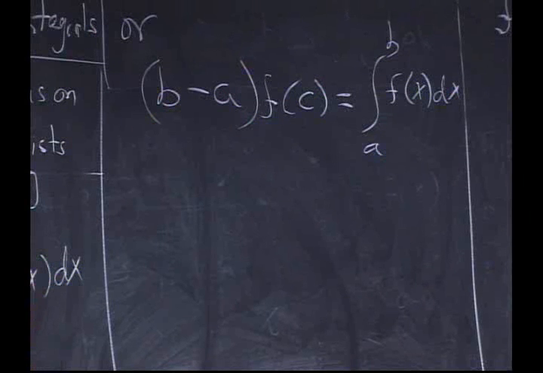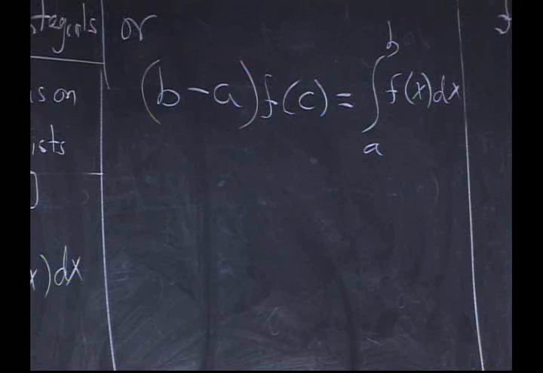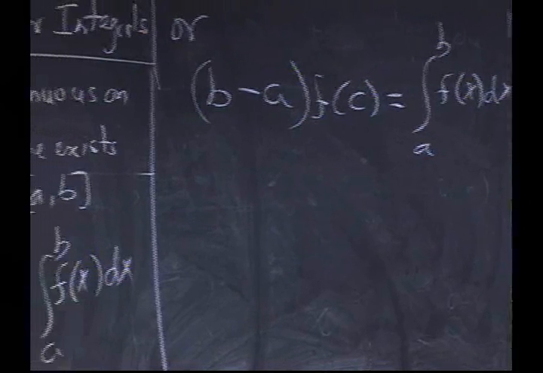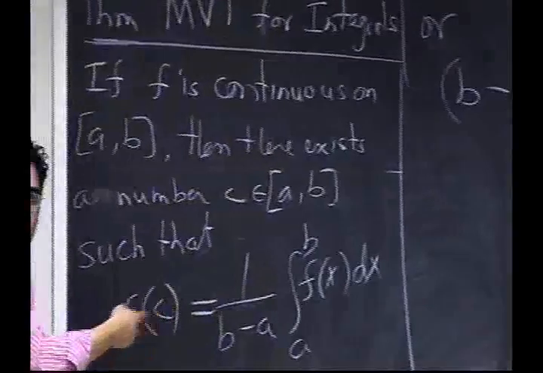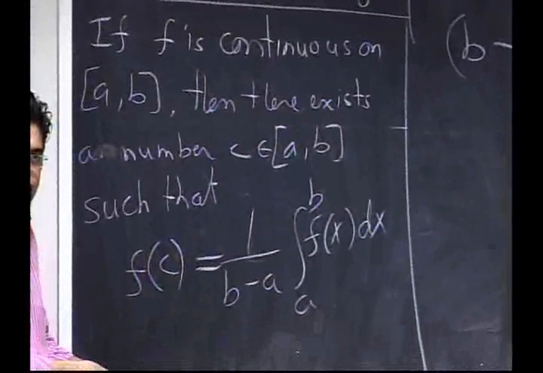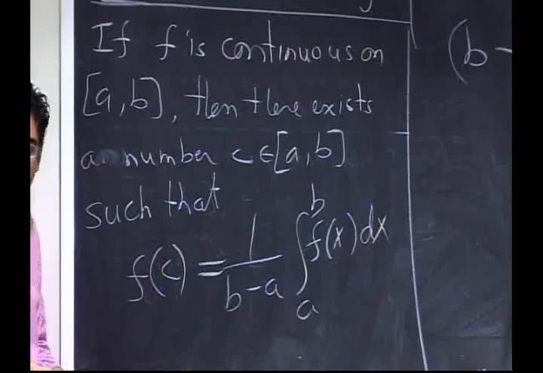And this number is interpreted to be an average of the function. Now, if in addition to being integrable the function is continuous, then there is a number between a and b where the function value is the average value. So that's what this mean value theorem for integrals is saying. All right? Is that pretty clear?